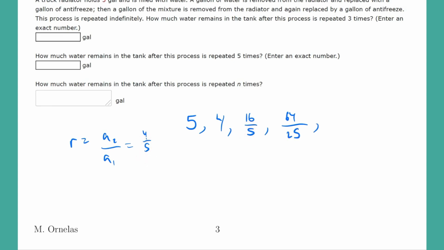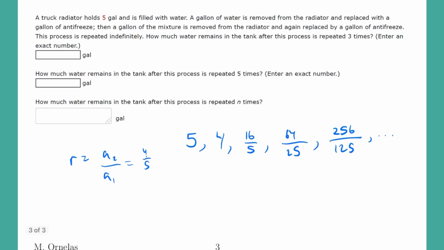We can keep doing this. Multiply the top one by 4, because that's the common ratio. So 64 times 4 is 256 over 25 times 5 is 125. And so this process repeats indefinitely.